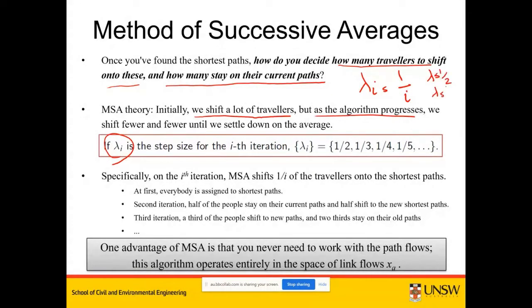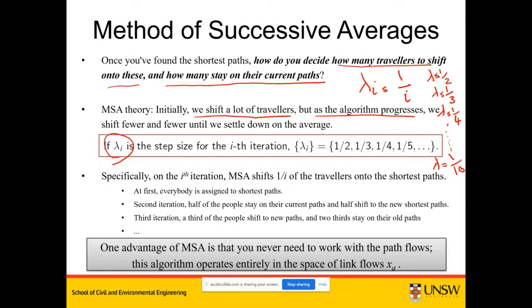Iteration 3, 1 over 3. Iteration 4, 1 over 4. Imagine if we go 10 iterations, lambda at iteration 10 would be 1 over 10. So as the number of iterations increases, that lambda value becomes smaller and smaller, meaning that we shift fewer and fewer people.